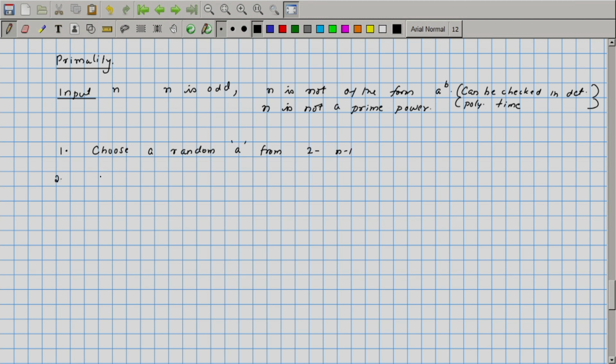Compute r such that r satisfies the following condition: n minus 1 should be equal to 2 to the power s times r, and r is an odd number.